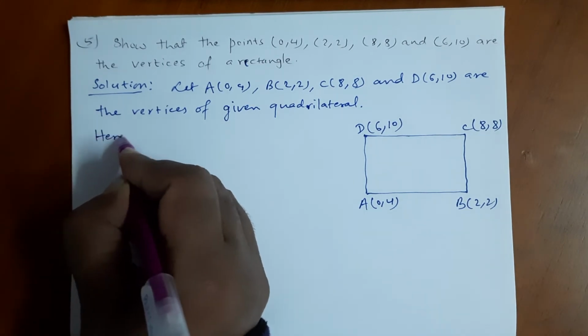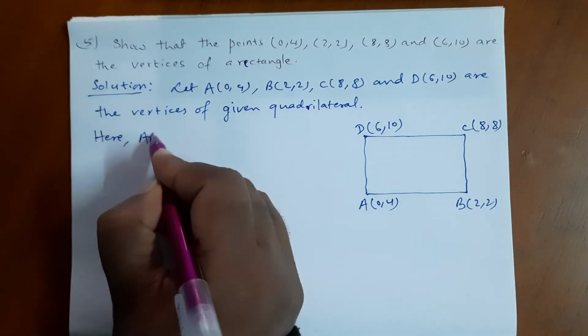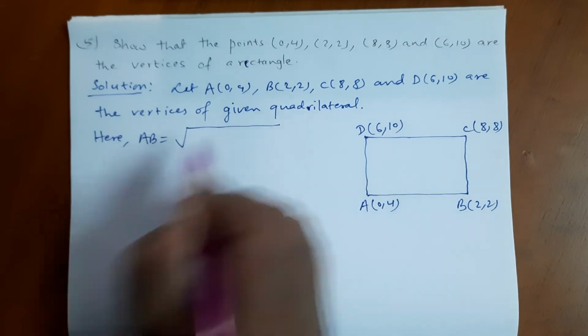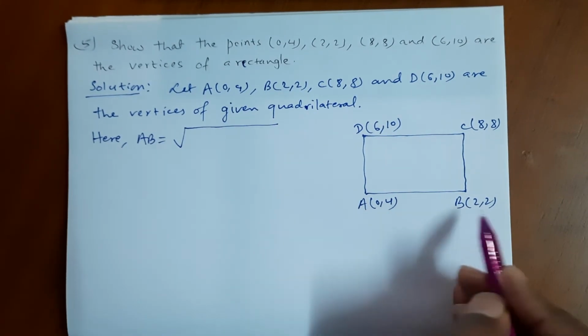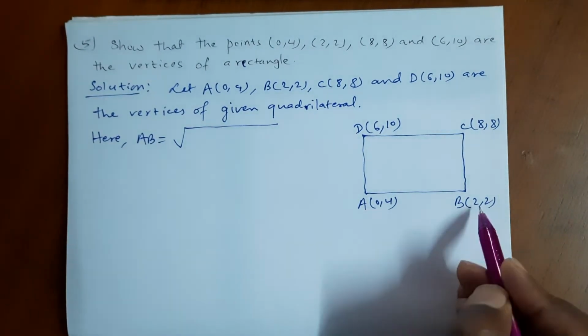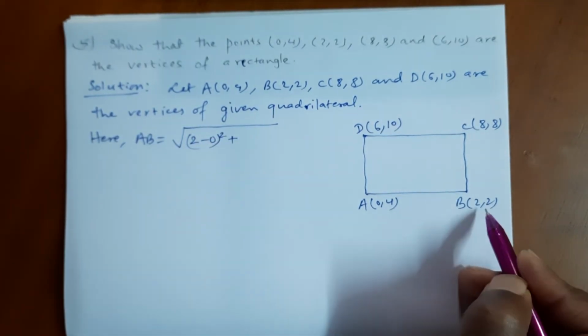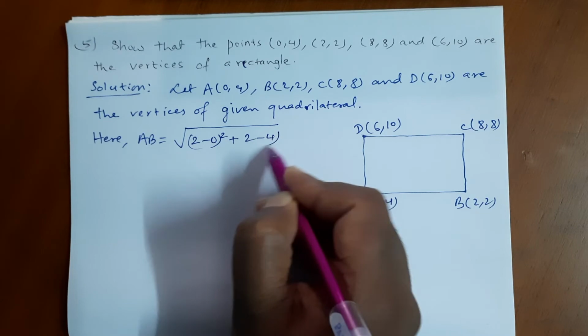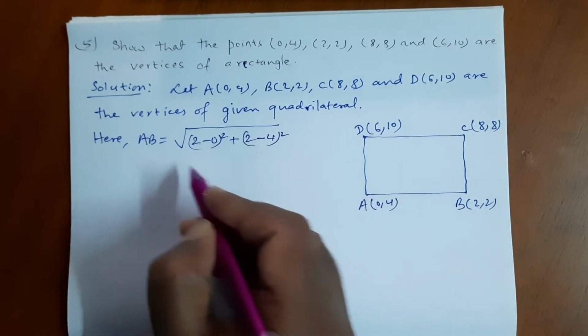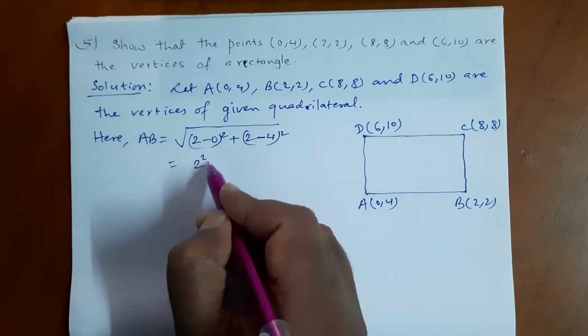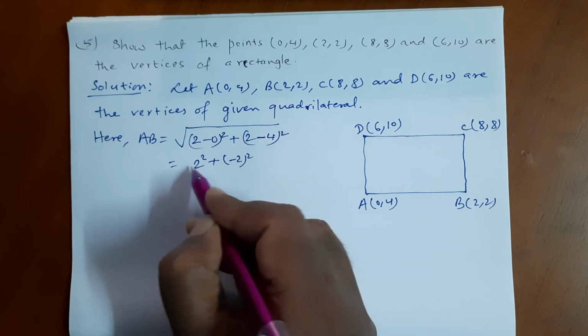here using the distance formula, AB equals square root of (x2 minus x1) squared plus (y2 minus y1) squared, that is 2 minus 0 squared plus 2 minus 4 squared, that will be 2 squared plus (minus 2) squared.